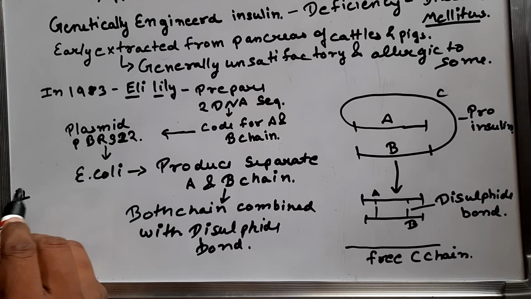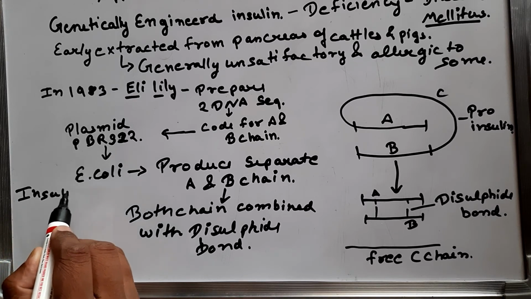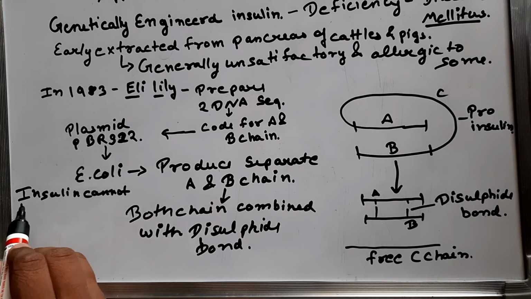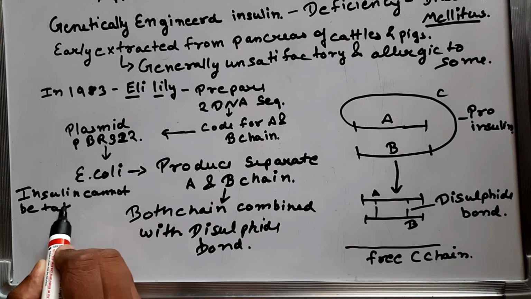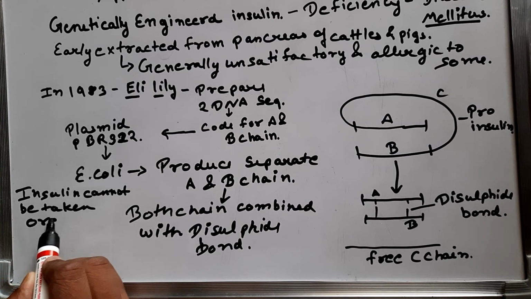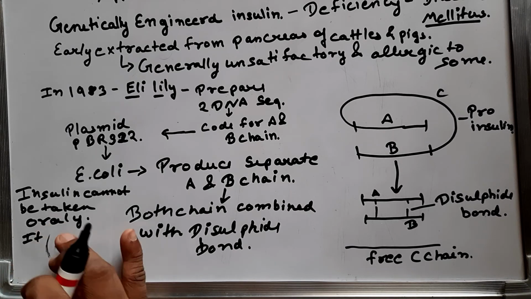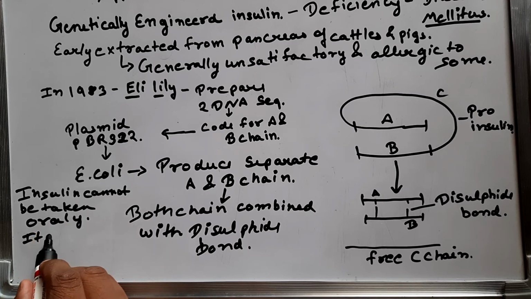Now an important point with respect to insulin that can be asked in exams too. That is very important: insulin cannot be taken orally. That means we cannot eat insulin tablets or anything else, because these are digested in our digestive system.